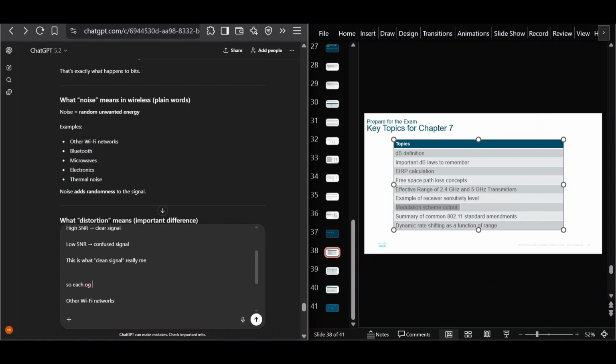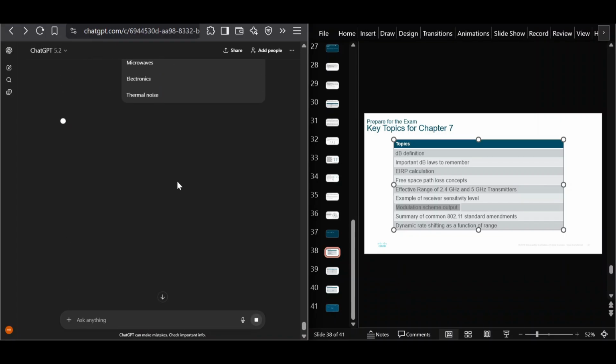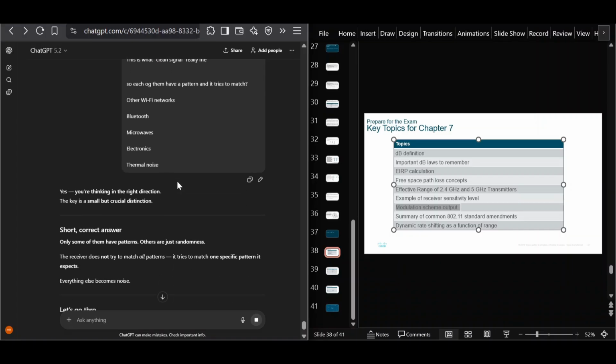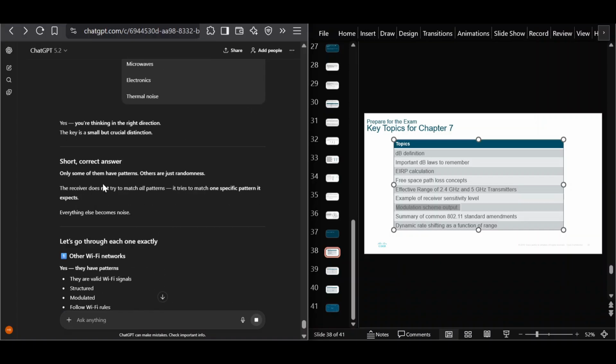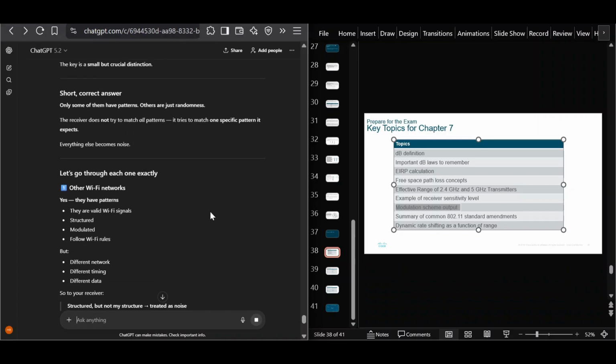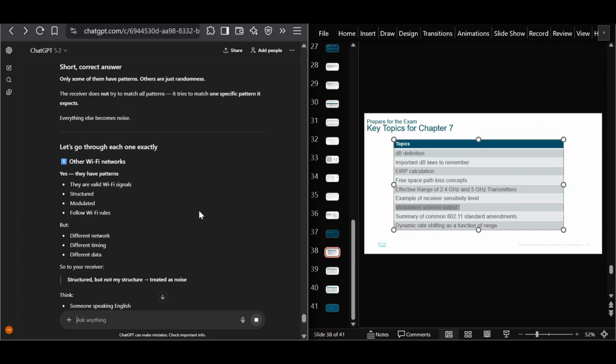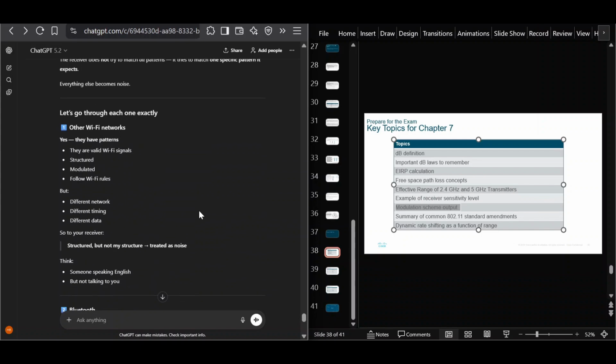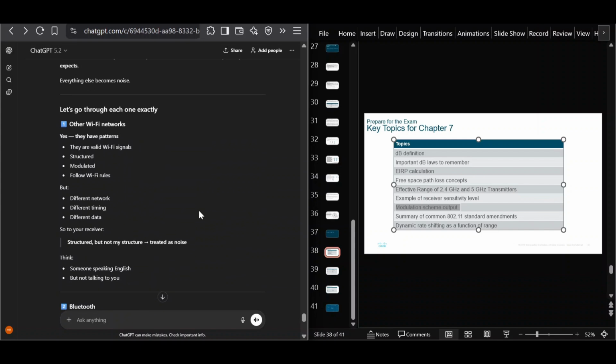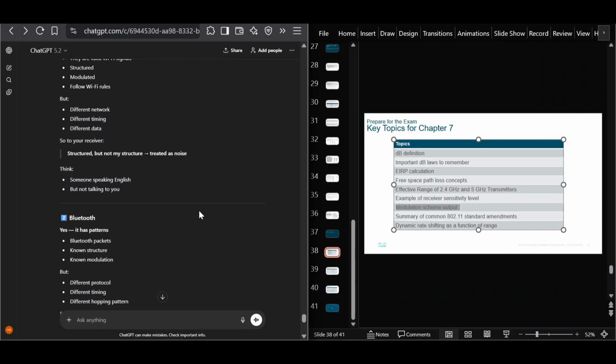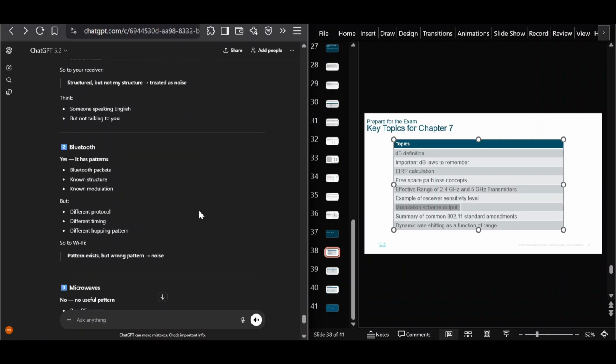Each of them has a pattern and the receiver tries to match one pair. Others have patterns too. They are valid signals. They follow different networks, different timing, different data structure, but are not treated as noise.